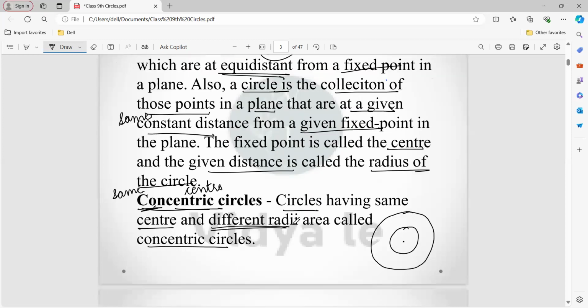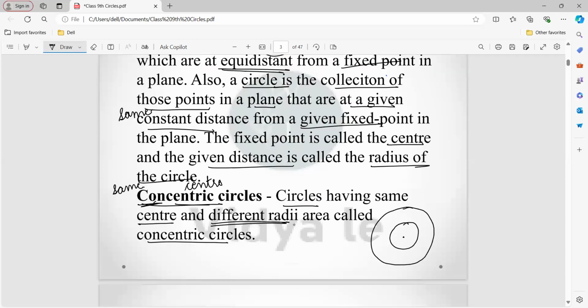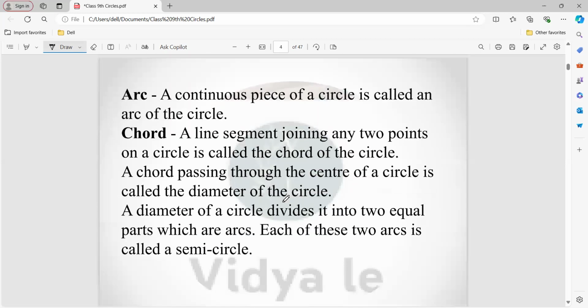Again, if I draw another circle with respect to the same center, but with a different radius. So we can draw different circles with the same center but a different radius. And such circles are known as concentric circles. So concentric circles means circles having the same center, but different radii, right?